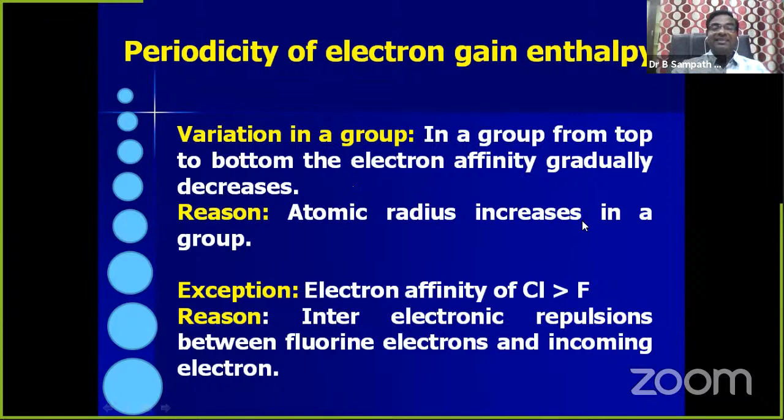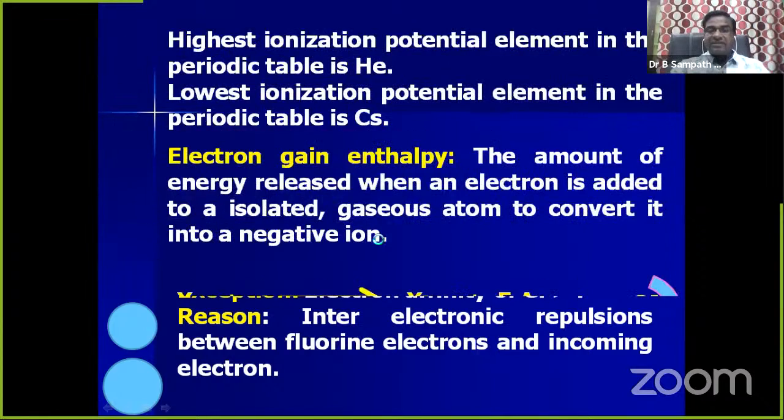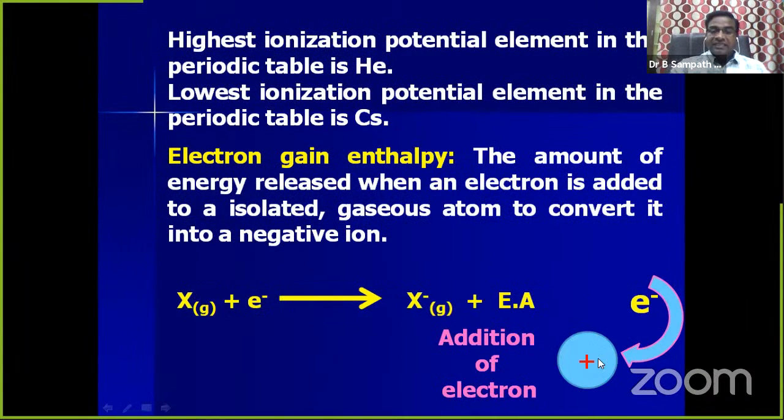Atomic radius increases in a group. I will explain once again here: if atomic radius increases, nuclear attraction decreases. If atomic radius decreases, the nuclear attraction increases.